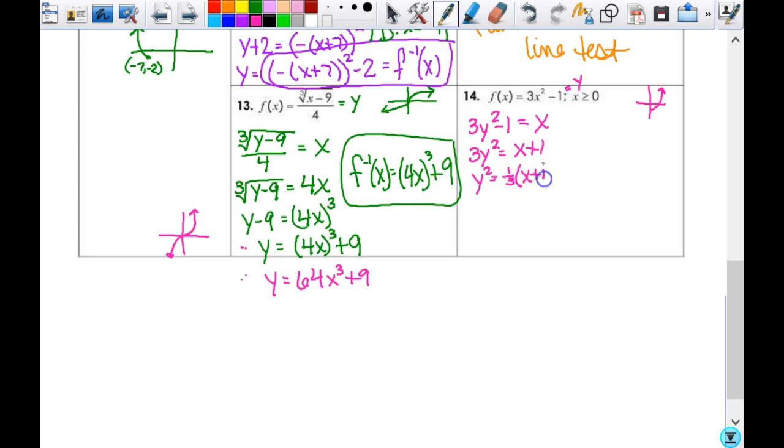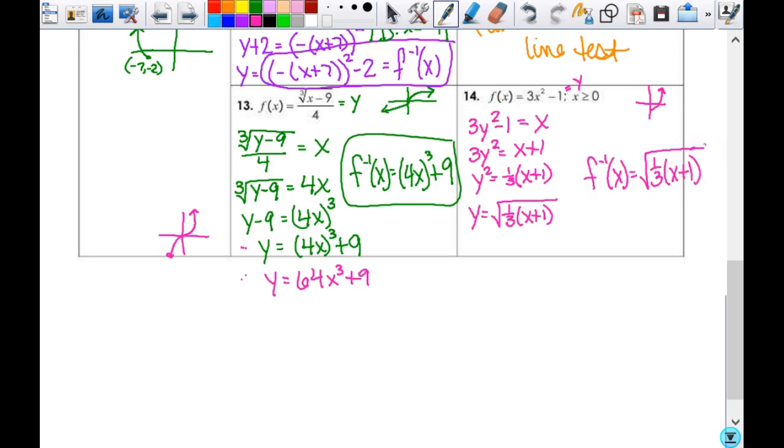This is really how I would like to see it, because multiplying by 1/3 tells me what's going on with my x, right? Then what do I do next? Square root. So that means y equals the square root of 1/3 times x plus 1. So my function inverse of x equals the square root of 1/3 times x plus 1.